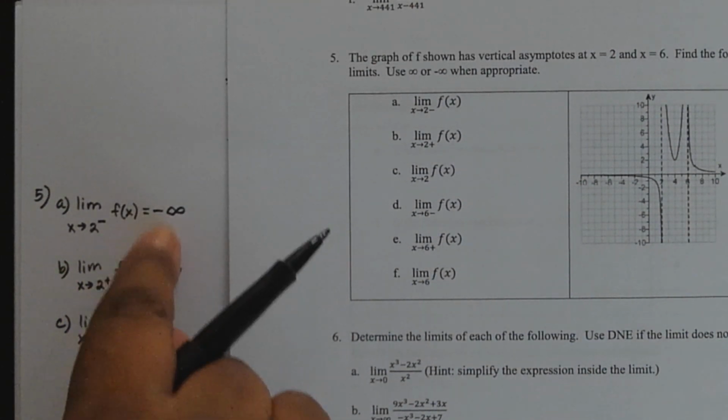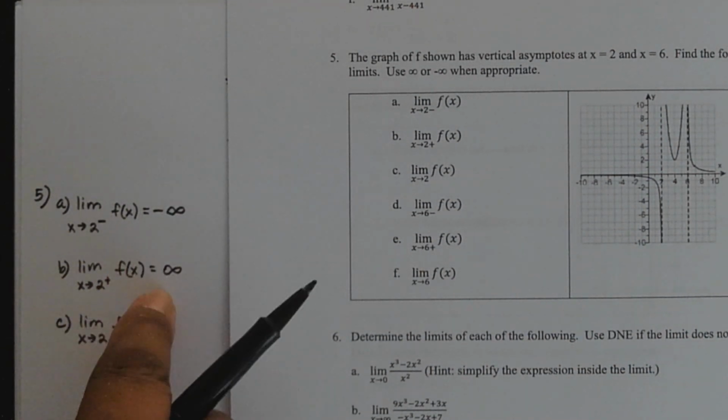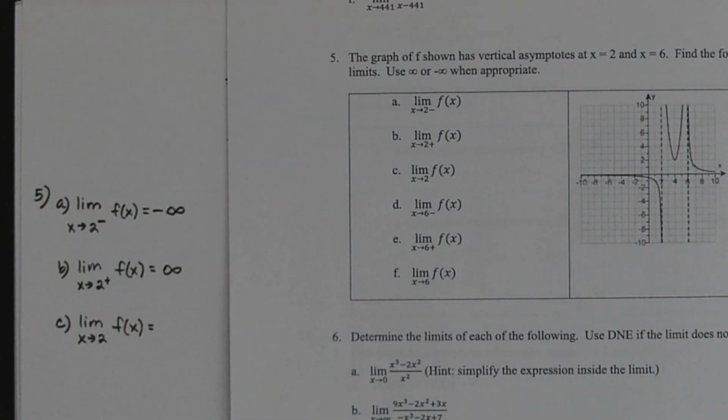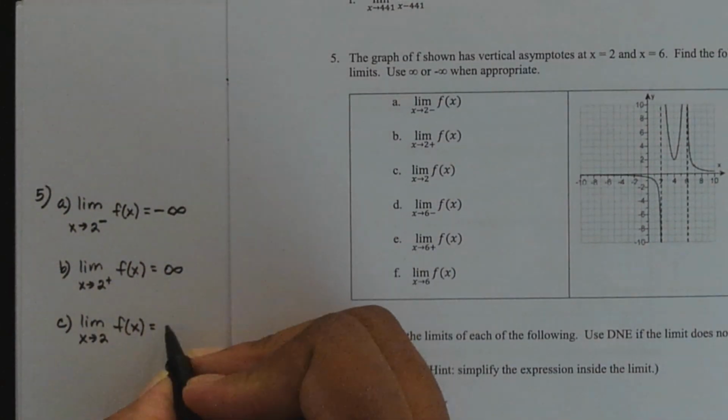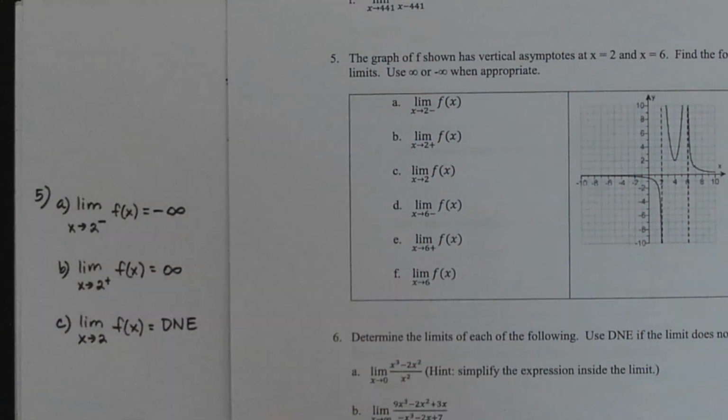So it's going off to 2 different places. For the limit to exist, it has to be going to the same place. Here it's going to 2 different places, so that means the limit as x approaches 2 of this function, I'm just going to say DNE, for does not exist.